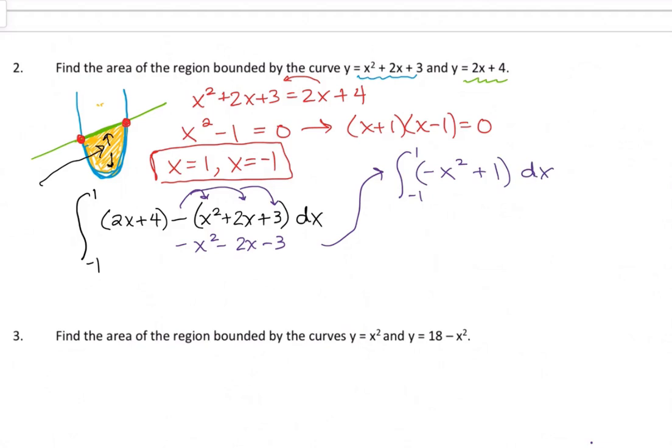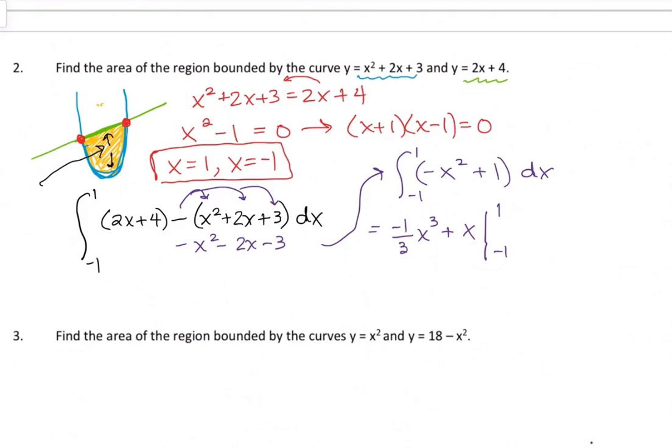So now I'm ready to integrate. So my antiderivative will be coefficient over exponent plus 1. And for my 1, remember that you want to multiply that by x, so I'd have 1x. And I want to evaluate that from -1 to 1.